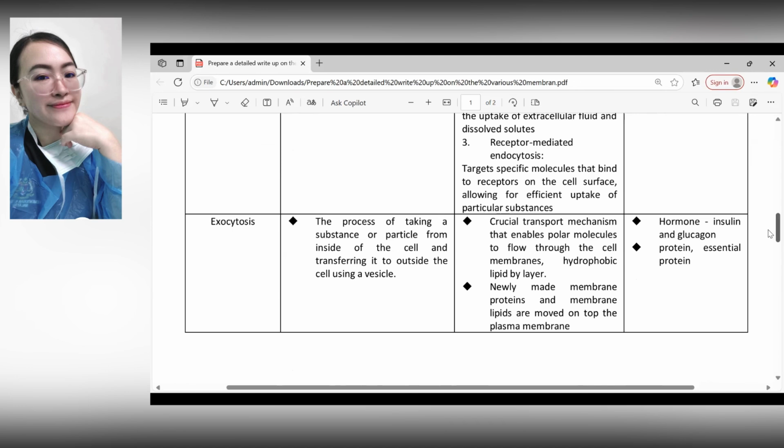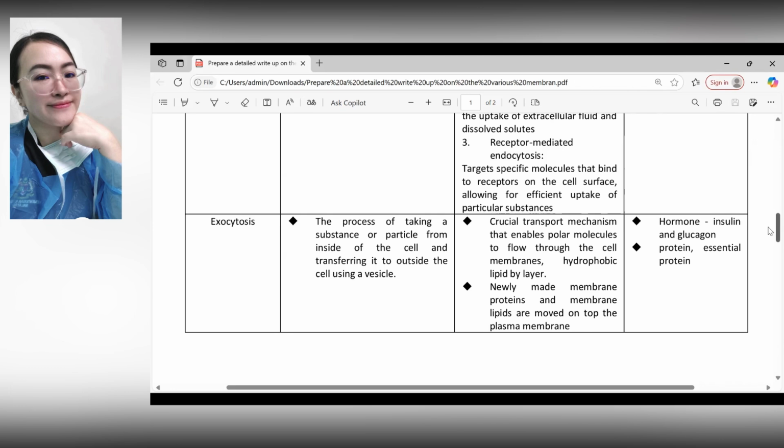The substance transportation is a crucial transport mechanism that enables polar molecules to pass through the cell membrane, the hydrophobic lipid bilayer. Newly made membrane proteins and membrane lipids are moved to the plasma membrane. Examples are hormones, insulin, and glucagon.